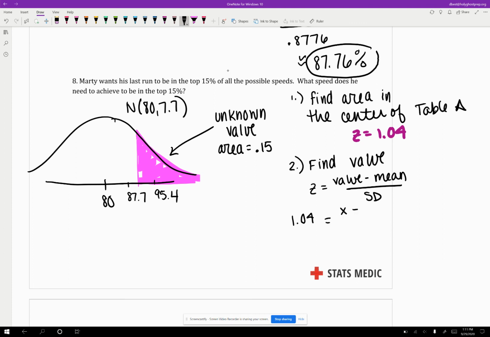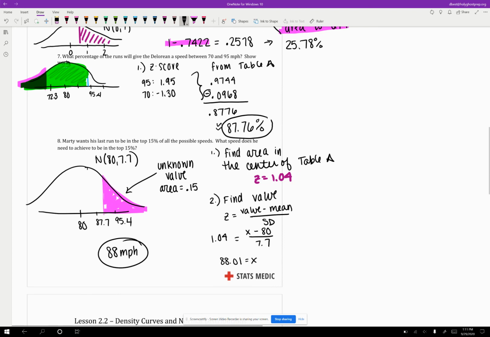We're looking for the value, and that's what we're solving. So again, pause it, see if you get it. And you should get about 88.01 equals x. In terms of this question though, what speed do you need to go? It's 88 miles per hour. So watch your units on this, whether you're talking about the value or the percentage.